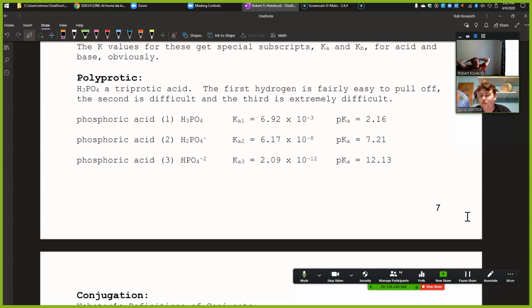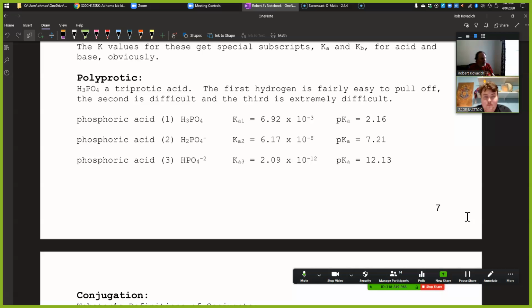So that it's got a Ka1, Ka2, and Ka3. What's going on here? Looks like a hydrogen is being emitted from the phosphoric acid. Yeah. So it's not easy to pull that first H off of there because it's a weak acid. So it's not supposed to be easy.